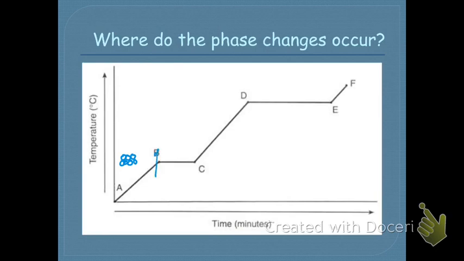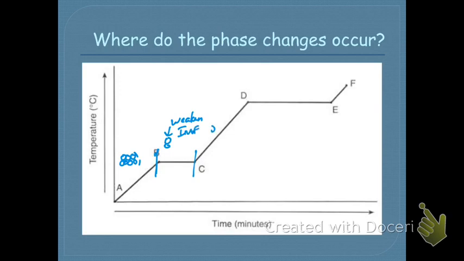But once they get to their melting point, right here somewhere, the energy now is being used to separate or loosen the IMF. So they start vibrating here, and the energy is no longer used to speed up the particles, it's now being used to basically weaken the IMF. And as you weaken the IMF, it becomes liquid.